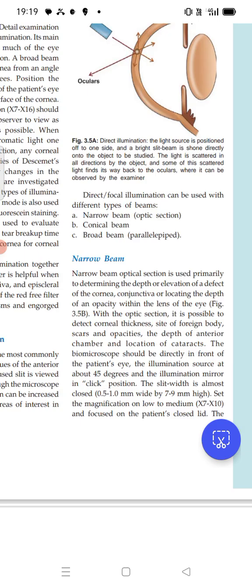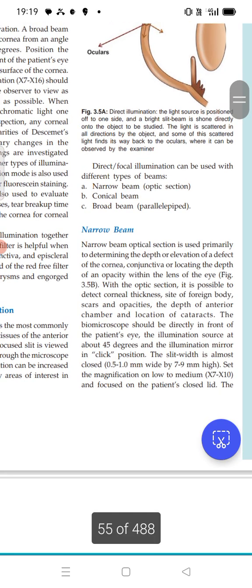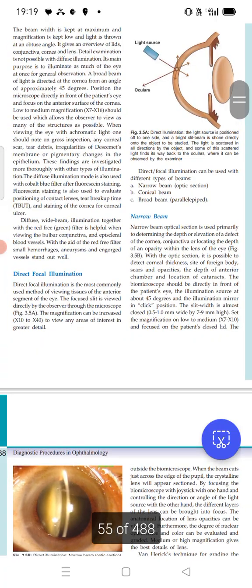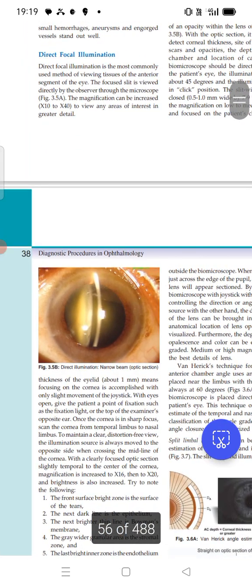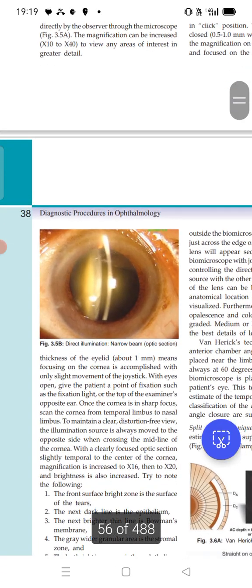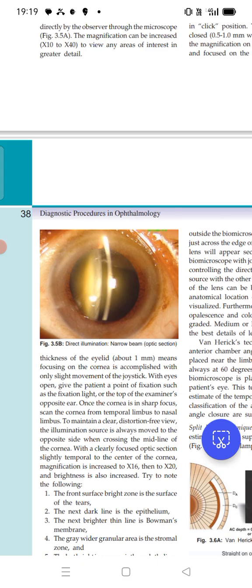So we can set the magnification on low to medium and focus on the patient's closed lid. This way we can use the optic section. You can see the picture of the optic section here, in figure 3.5b, how the lens is visible with the help of the optic section.